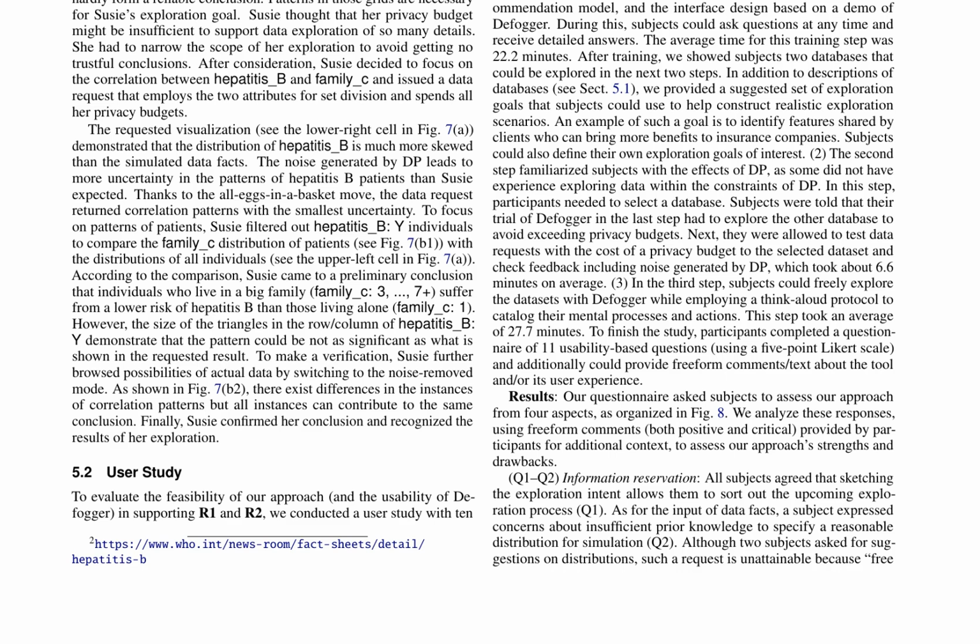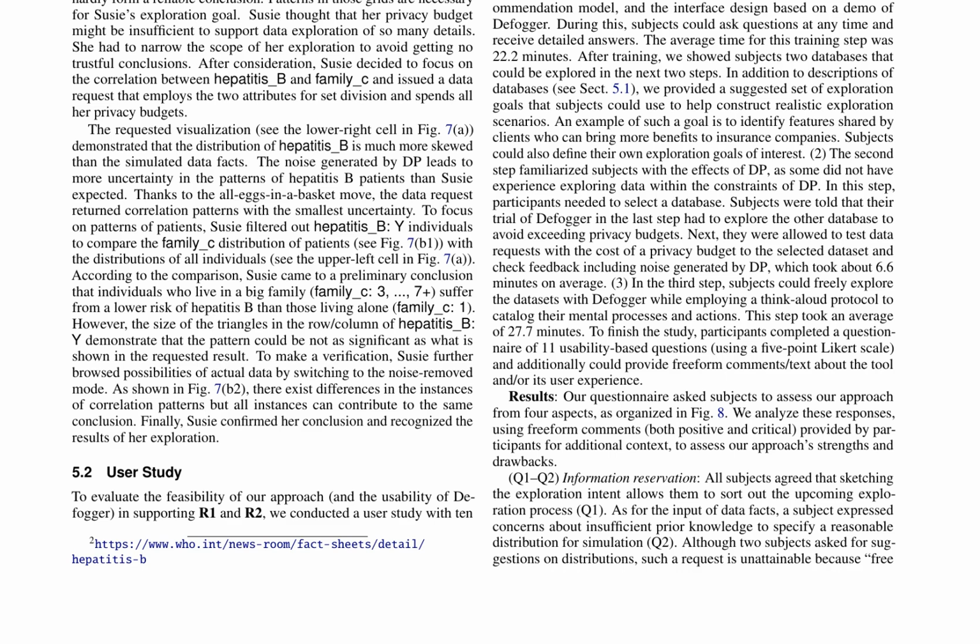However, some participants expressed concerns about the complexity of the system and the need for prior knowledge to specify a reasonable distribution for simulation. Overall, the study suggests that the Defogger system can be an effective tool for exploratory data analysis in the context of DP, but may require further development to improve its usability and user experience.